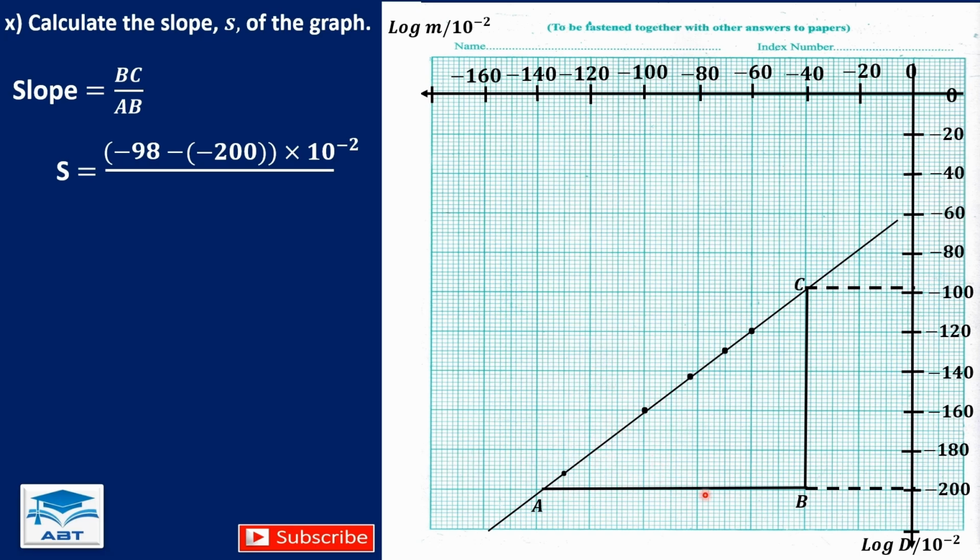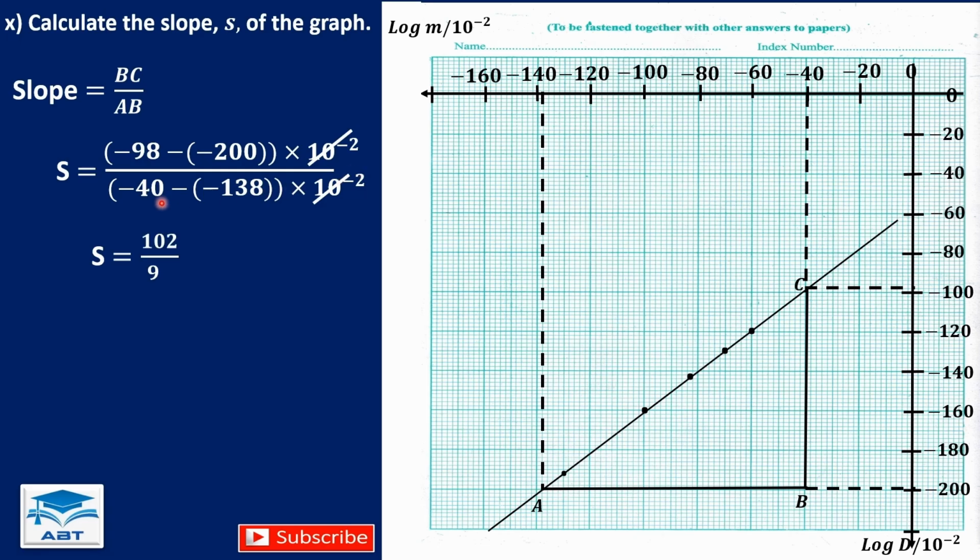And for change in AB, we have negative 40 minus negative 138 times 10 exponent negative 2. So times 10 exponent negative 2 can cancel out, and negative 98 minus negative 200 is 102. Negative 40 minus negative 138 is 98. And when we divide 102 by 98, we have 1.04, and that is the slope.